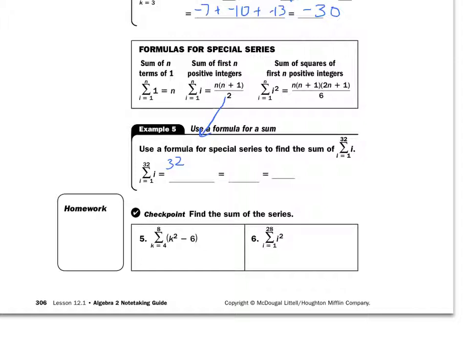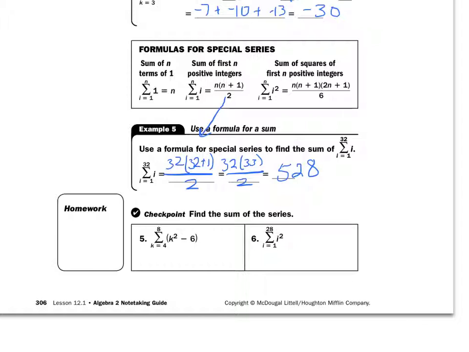So then we need to put 32 plus 1 over 2. So that would be 32 times 33 over 2. And if you grab your calculator, that would be 528. So that is all the numbers added together from 1 to 32.